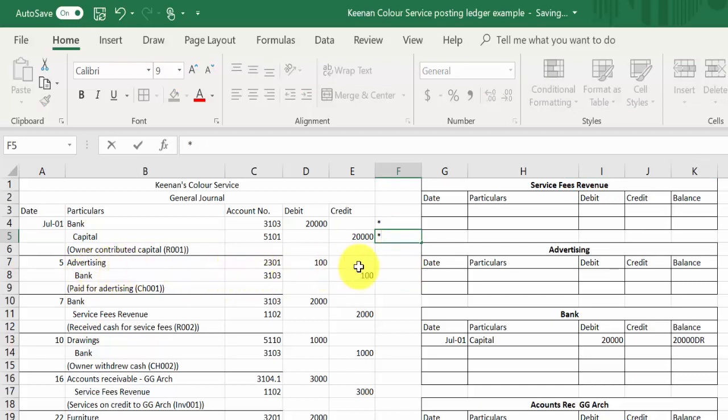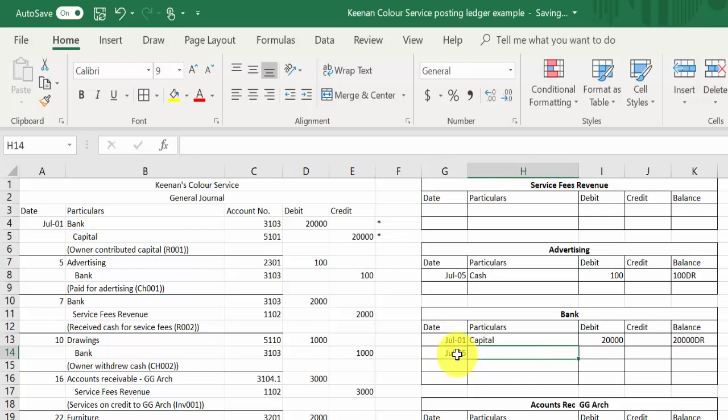Advertising, $100, is on the 5th, which is July the 5th. So I'll put that in. The particulars in this case was paid for cash, debit $100, and therefore in the balance we've got 100 debit. On the bank account, I've got to enter the credit now, July the 5th. What did we pay that money for?